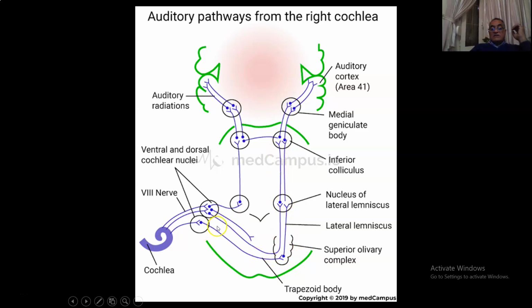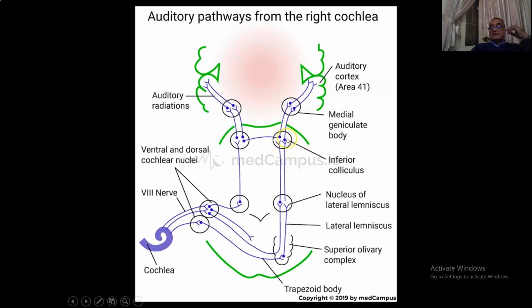So here, as we see, impulses leave the cochlear nuclei to the ipsilateral and to the contralateral side: to the ipsilateral and contralateral lateral lemniscus from the dorsal nuclei, and from the ventral nuclei to the contralateral superior olivary, and then to the nuclei of the lateral lemniscus, forming the lateral lemniscus.